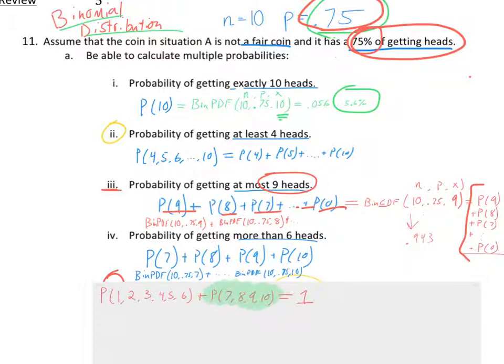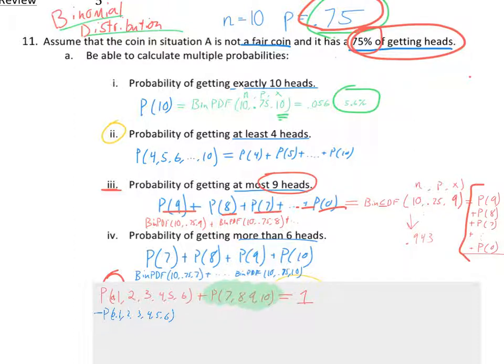What's nice about that is if I do some quick 6th grade algebra and take away this probability of 1, 2, 3, 4, 5, 6 from the left-hand side. And I just realized I made a mistake. I should also have the probability of 0 in there. Sorry about that, my small little mistake.